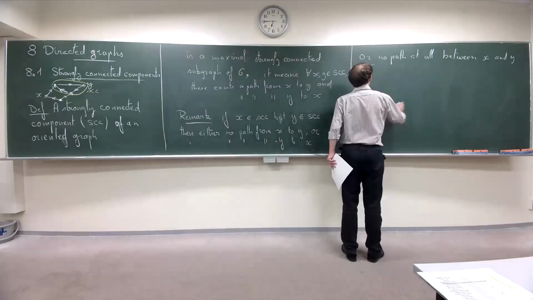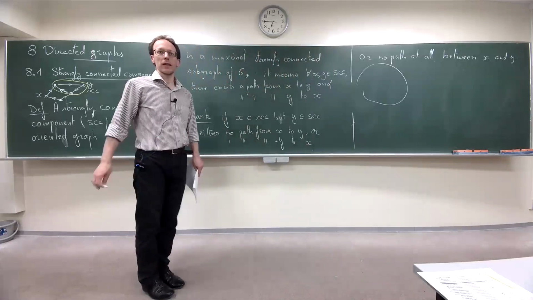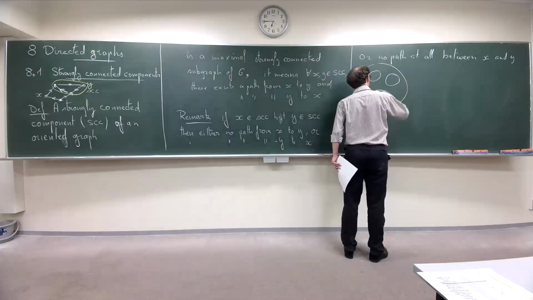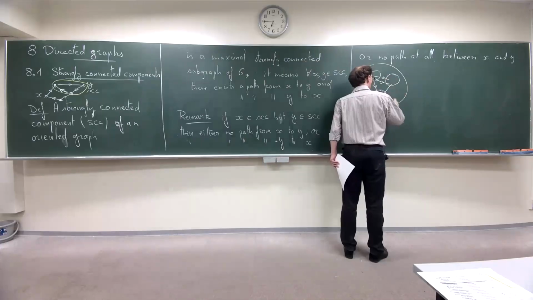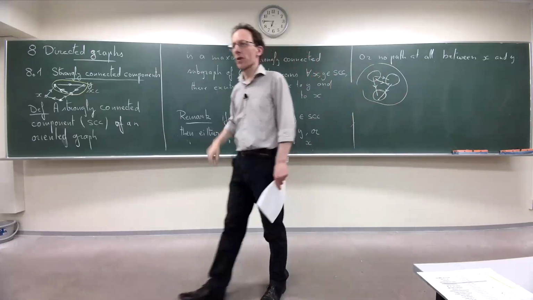I don't want to draw a complicated graph, but suppose there is a complicated graph, you can usually decompose it into strongly connected components. So in each circle, we have plenty of vertices.